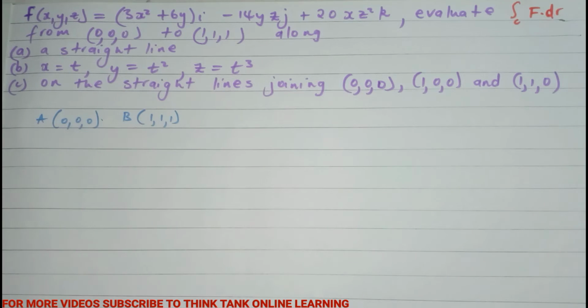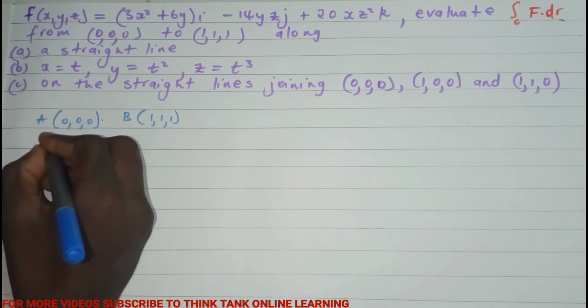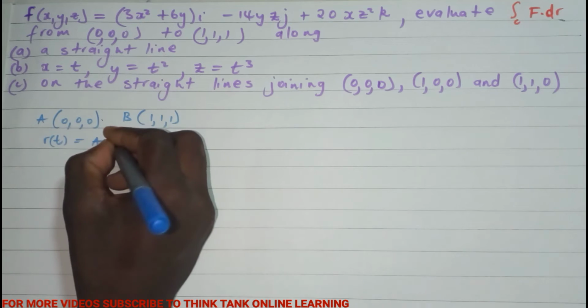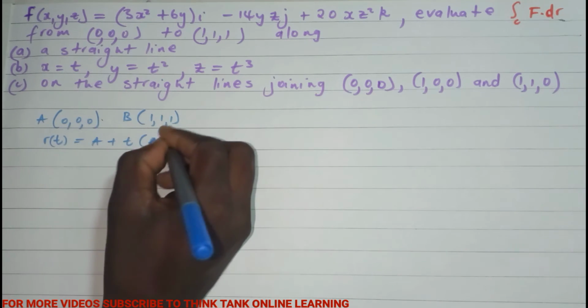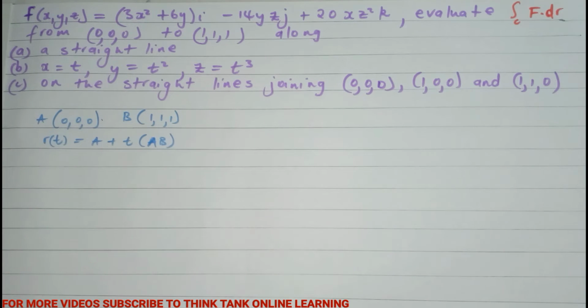Now I want to find the equation of a line in terms of a vector. So r(t) is equal to A plus t times AB, and you know that AB is equal to B minus A. In other words, I want to form a parametric equation in terms of t.